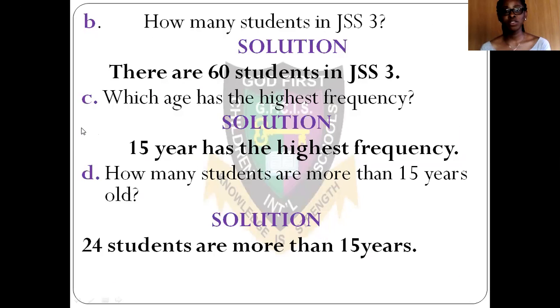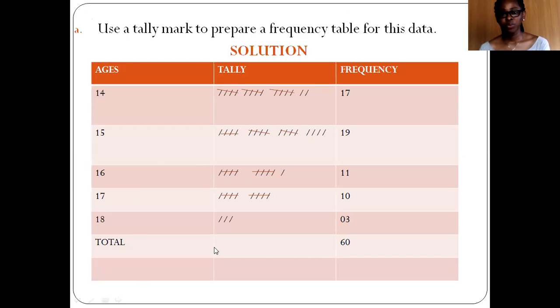My question C is, which age has the highest frequency? Let's check our frequency table. 14 students are 14 years, 19 are 15 years, 11 are 16 years, 10 are 17 years, and 3 are 18 years.